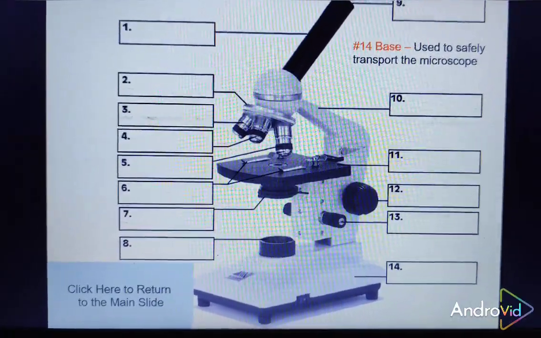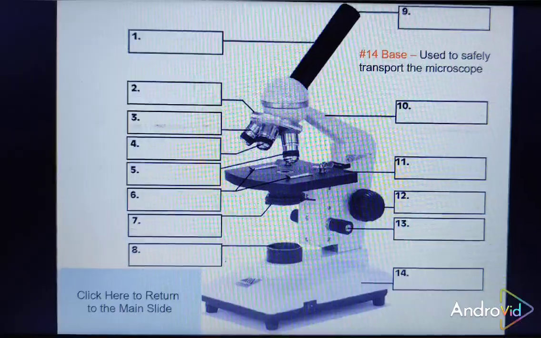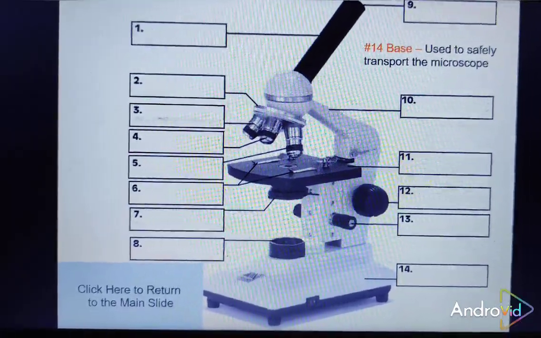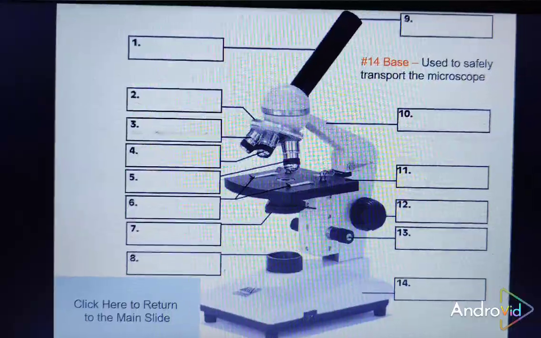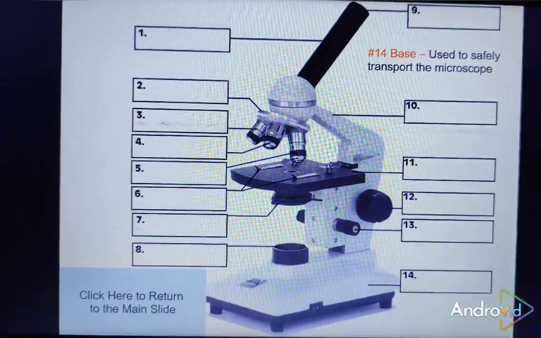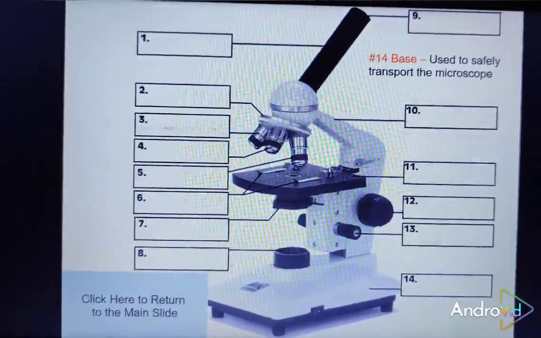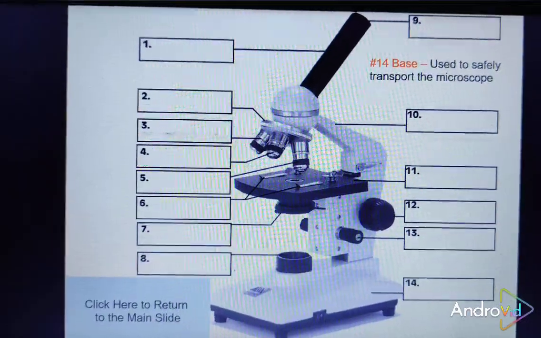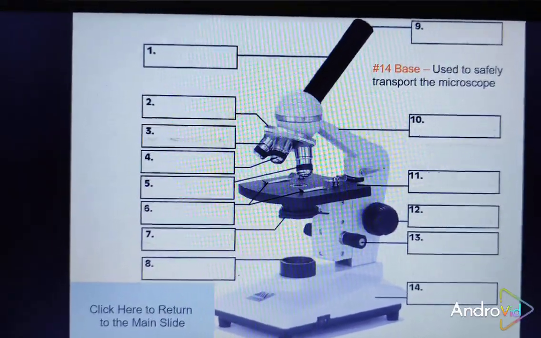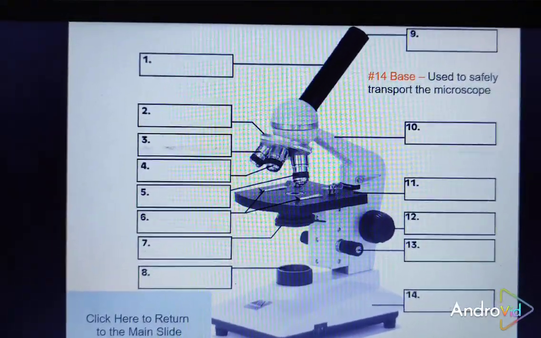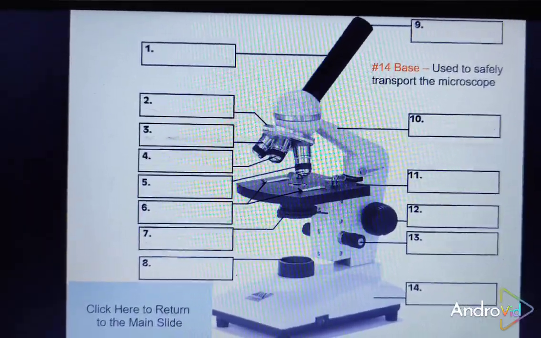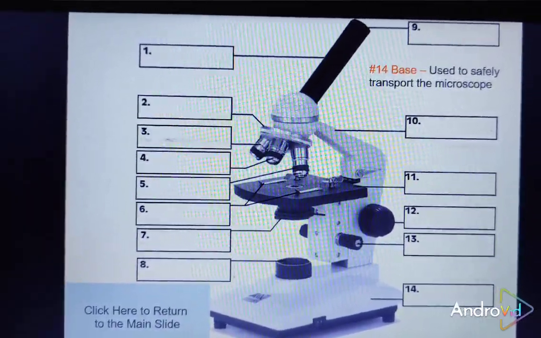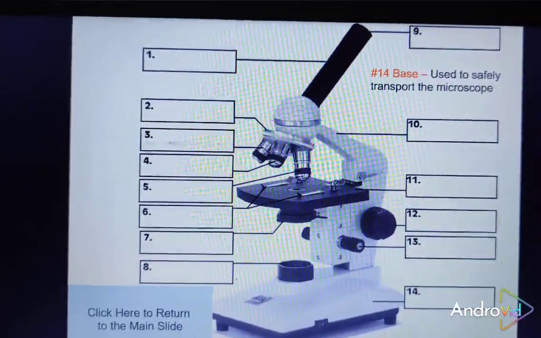Remember students, while handling the microscope you have to take care and you have to clean the microscope before and after use, specifically the objective lens, the eyepiece and the mirror, with a clean soft cloth or a clean soft tissue paper.